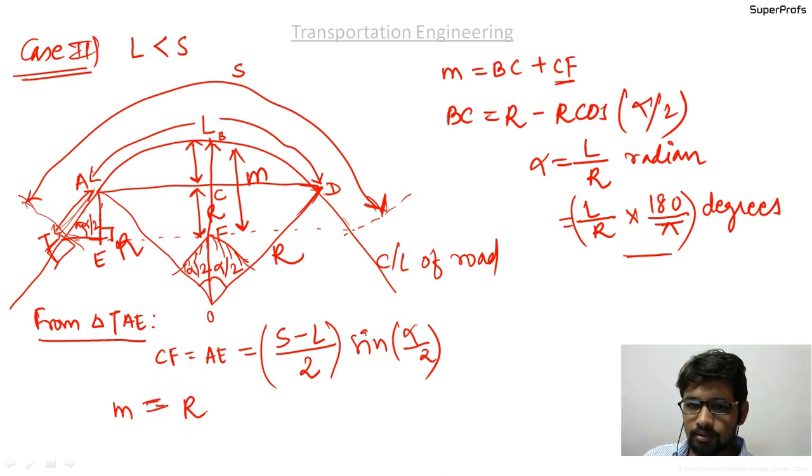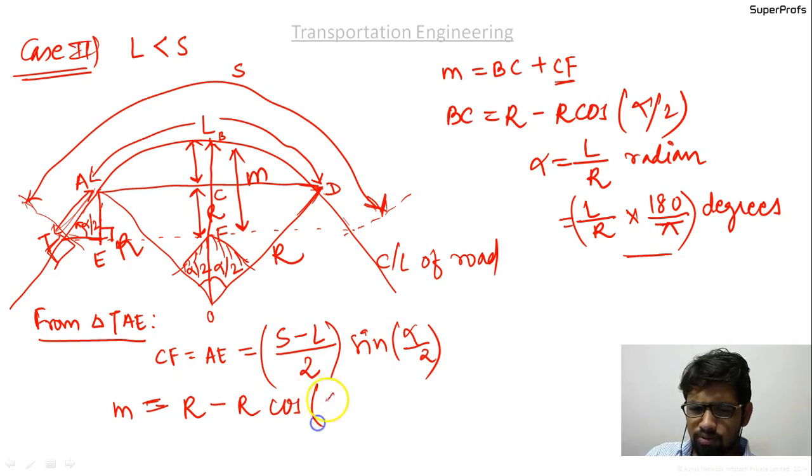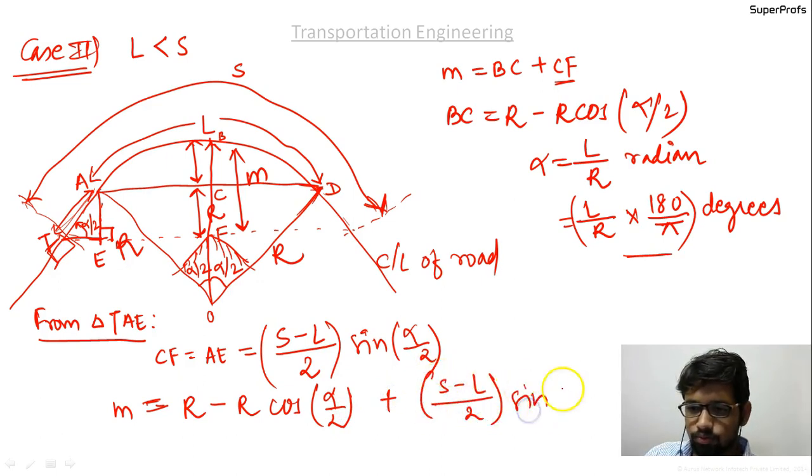So the setback distance M as a whole will be given as R minus R cos of alpha by 2 plus S minus L by 2 sine of alpha by 2.